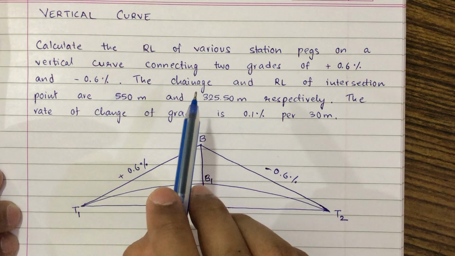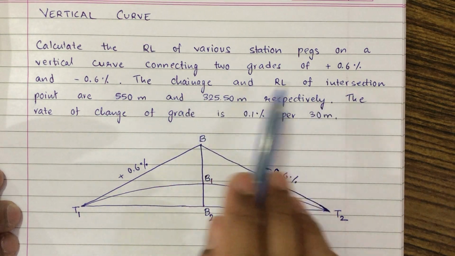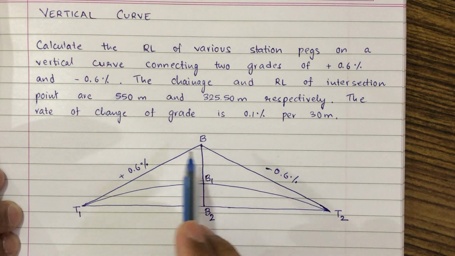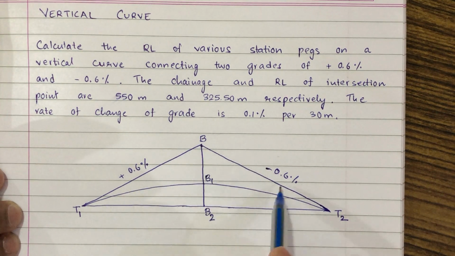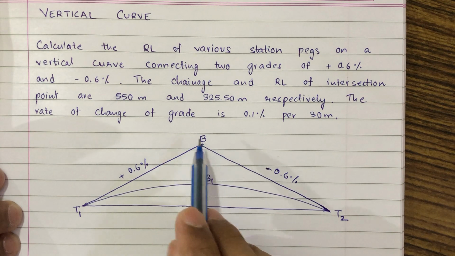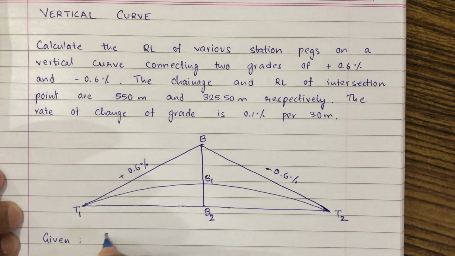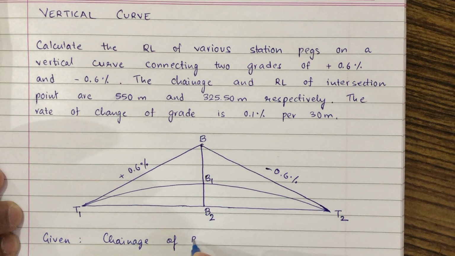It is saying the chainage and RL of intersection point. So this B is actually the intersection point, the point where both the grades are meeting or intersecting.